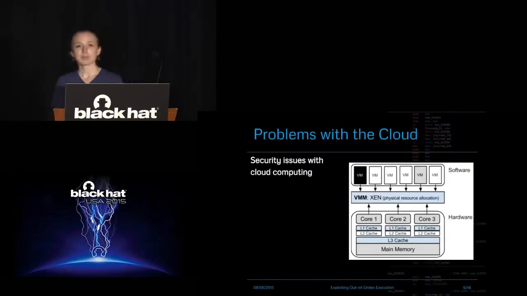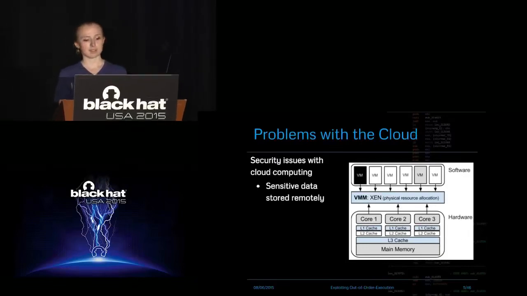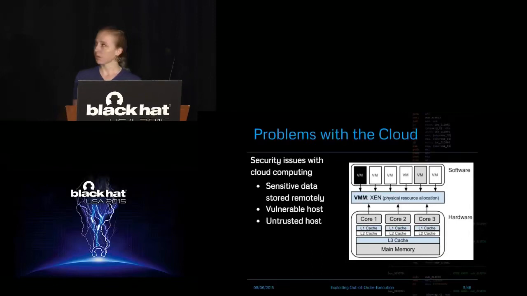So there are some problems with this setup, though, and a lot of you are probably familiar with the basic ones. Your sensitive data is stored remotely, so you don't have control over the physical box that it's resting on. Also, the host that you're sharing your data with might be vulnerable itself or untrustable, and these are all issues.